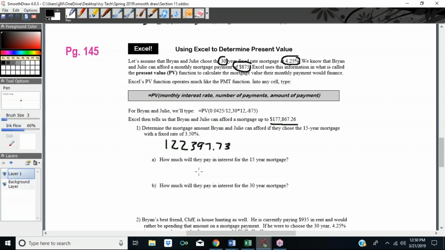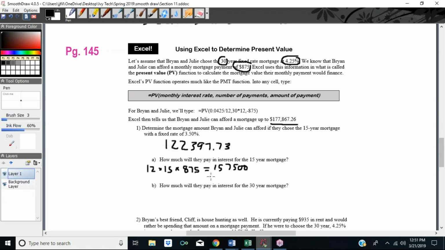How much will they pay in interest for the 15-year mortgage? Well, 12 payments times 15 years times $875 would be how much they would pay altogether. Then we can just subtract the amount that they could borrow. So it looks like they would pay $157,500 altogether.